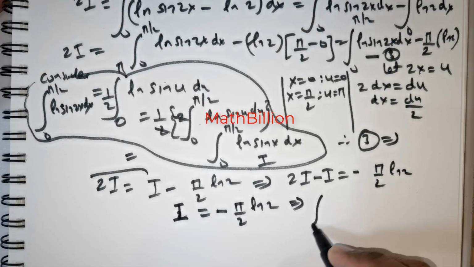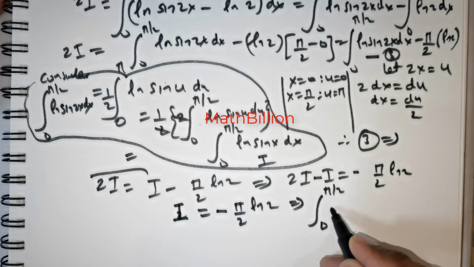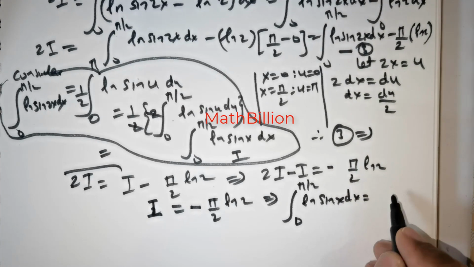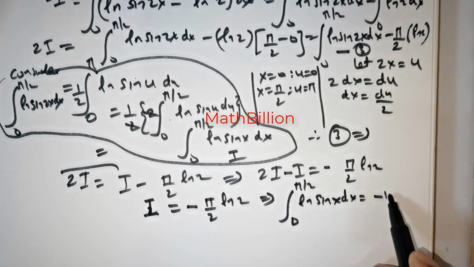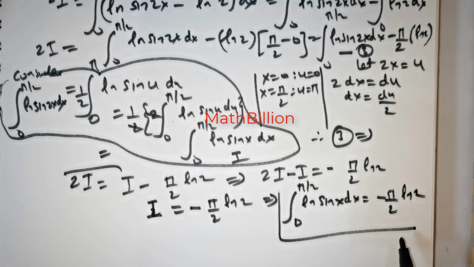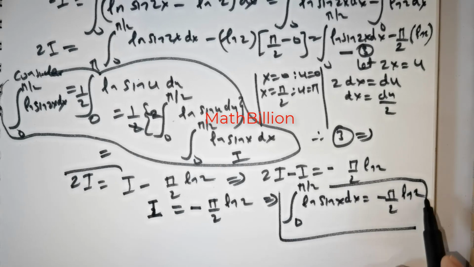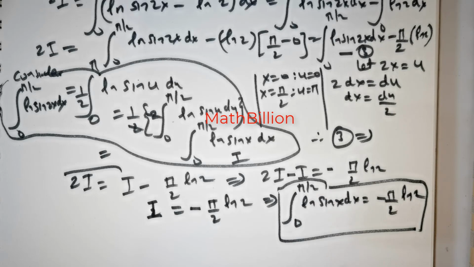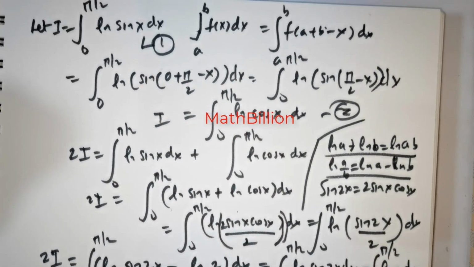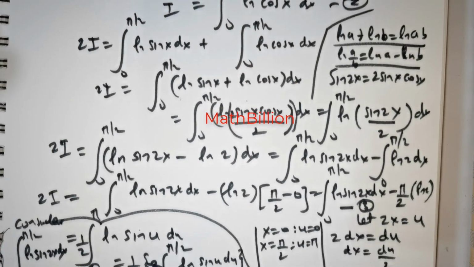So this means integral 0 to pi over 2 of ln sin x dx is equal to negative pi over 2 ln 2. So that is the solution for this beautiful integral. It's a lovely integral. I hope you enjoyed this, and practice makes perfect. Thank you everybody.